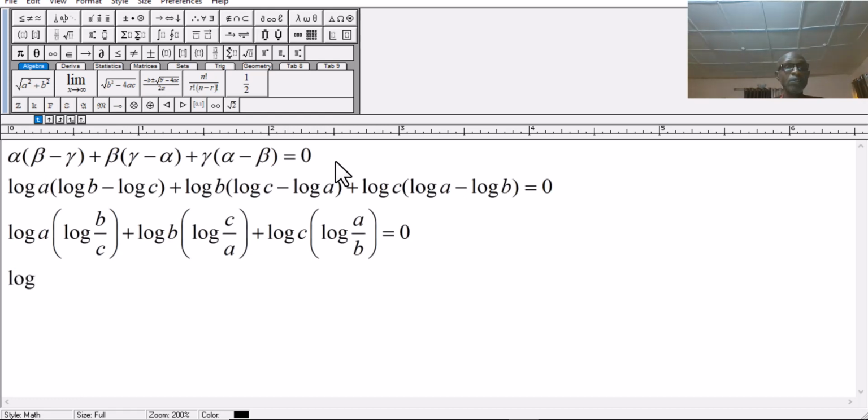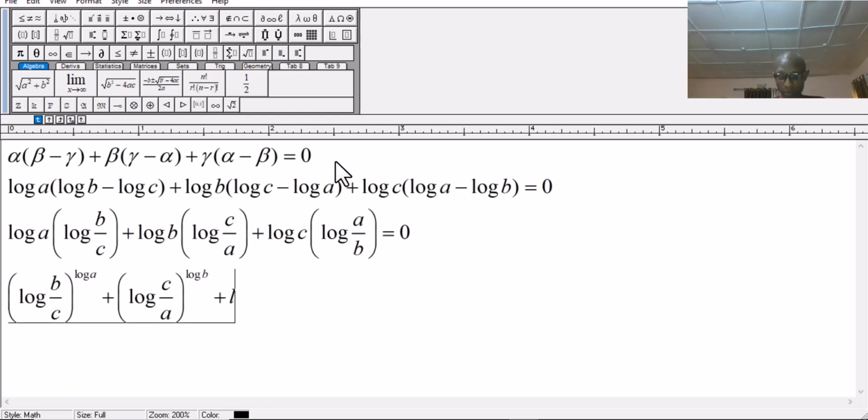You can say that log of B over C, everything in bracket, to the power of log A, plus log C over A, log B, log A, log B. So we now have log C, everything equals 0.